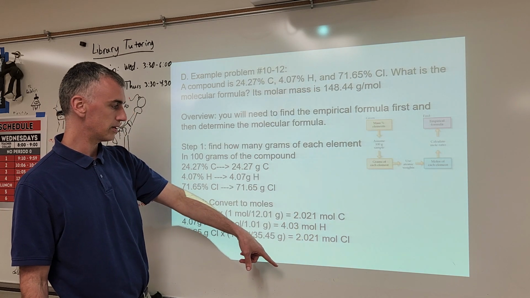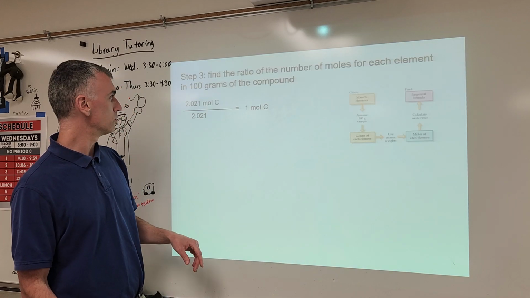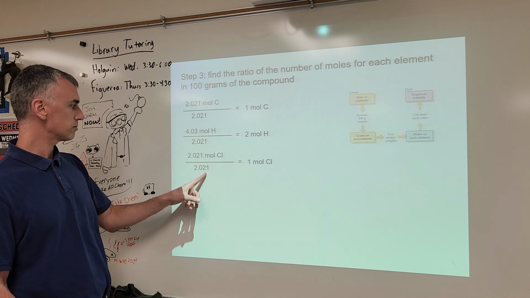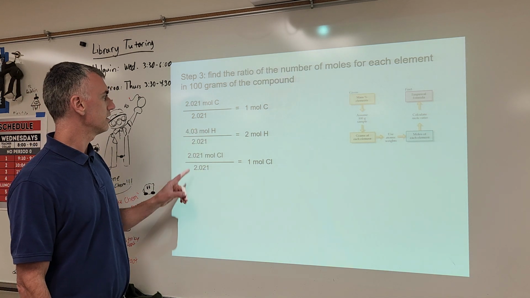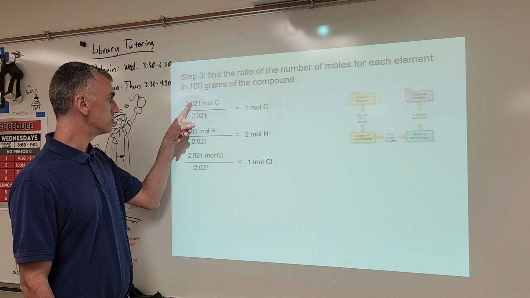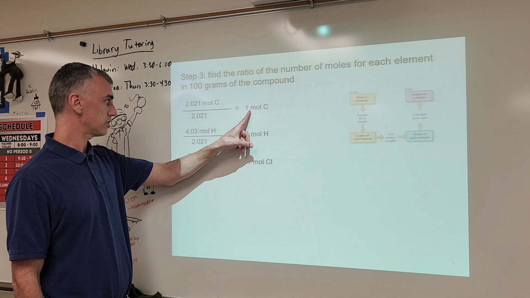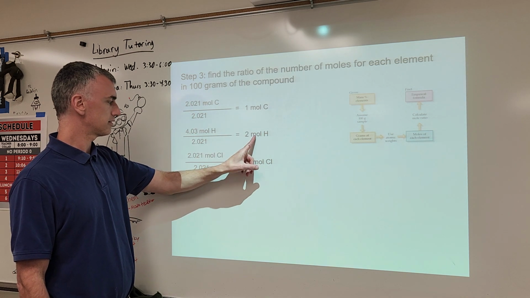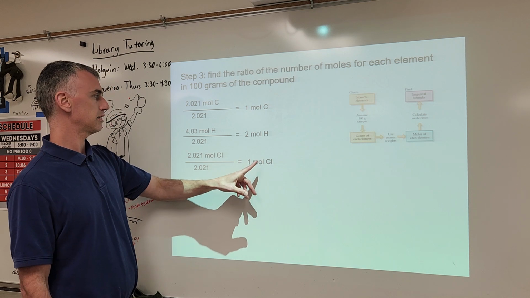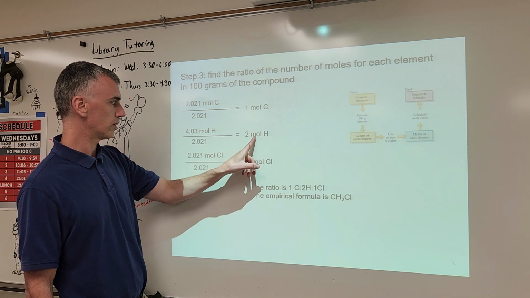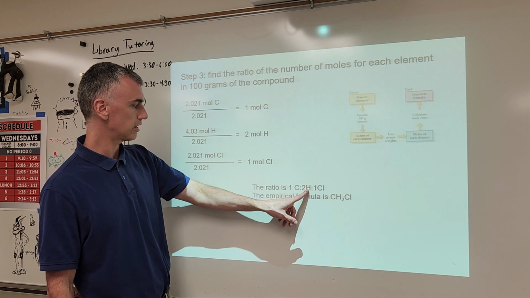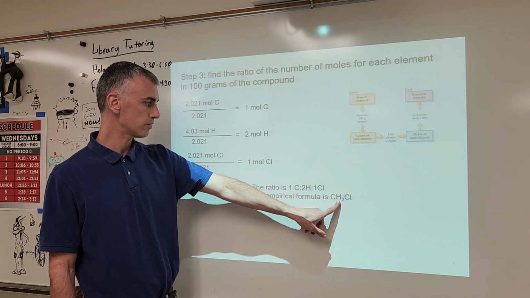And then you take the moles of each of the elements and divide by the smallest number. It's a unitless number, right? And then you get this ratio, and this is what you use to come up with your empirical formula. So that's a 1 to 2 to 1 ratio for carbon, hydrogen, and chlorine. So that's your empirical formula.